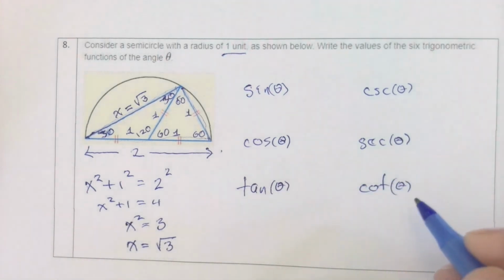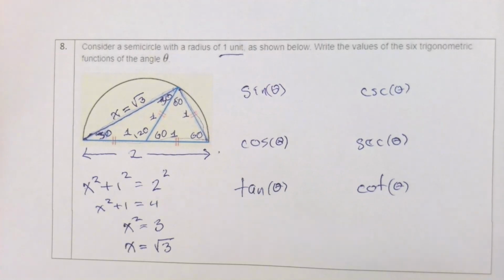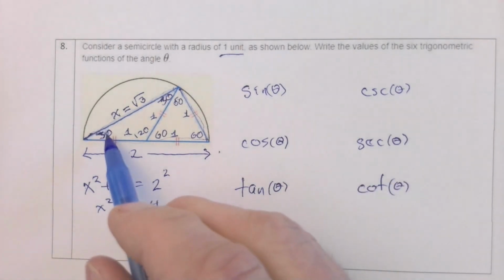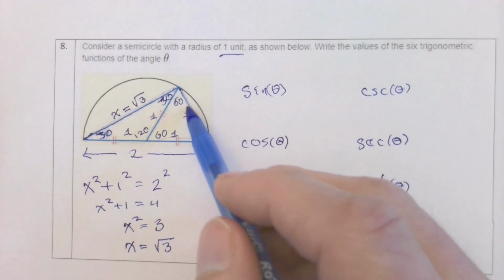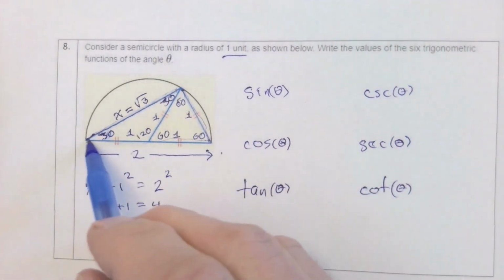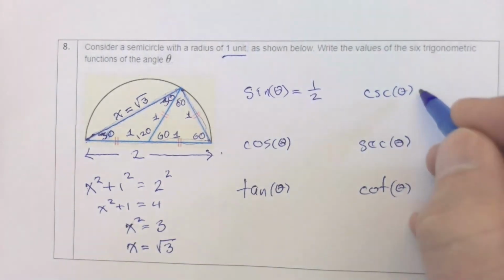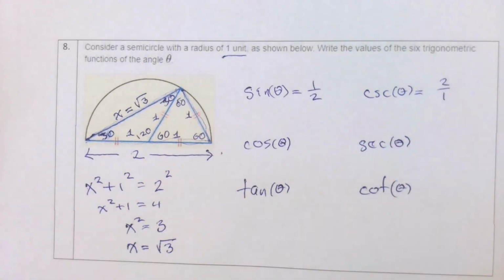And some of these we'll probably end up dividing by square root of 3, so we'll talk about how to simplify those in short order. Well, let's see. Where was theta? It was back here. Sine would be opposite leg divided by hypotenuse. So that's 1/2. And that means that the cosecant is 2 over 1, or just 2.